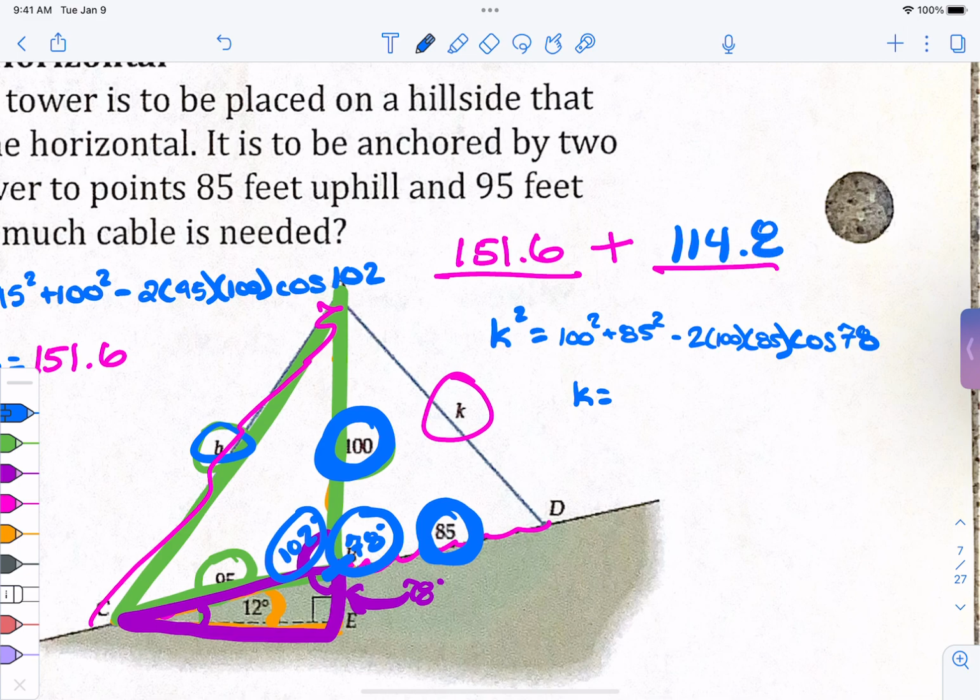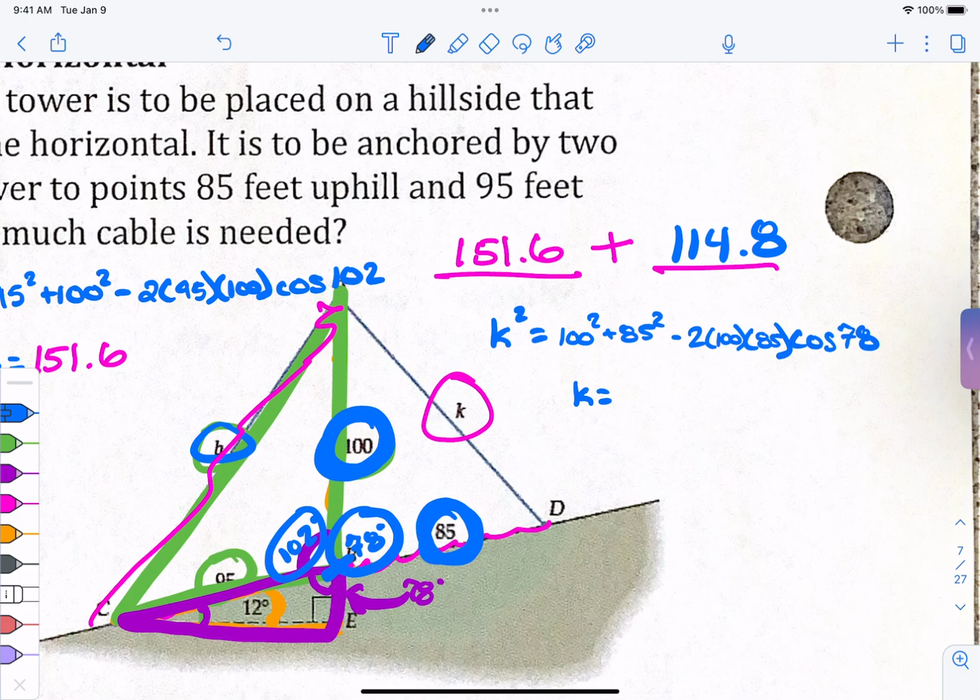Alright. Let's make sure somebody else got that. 114.8. Any other takers? That looks right. That's not what Libby got though. Libby got 117.0.